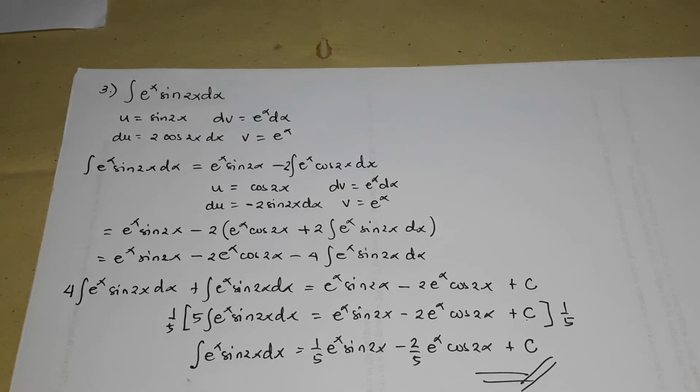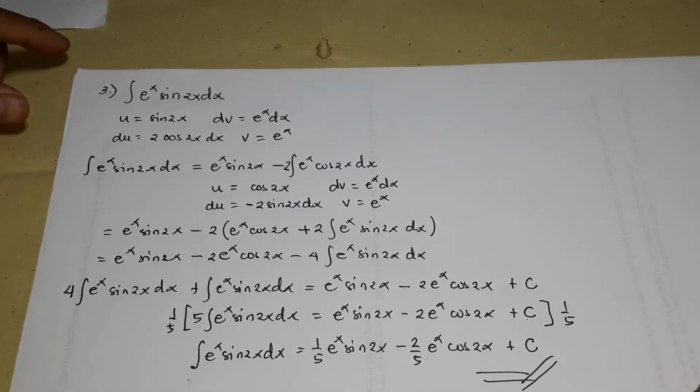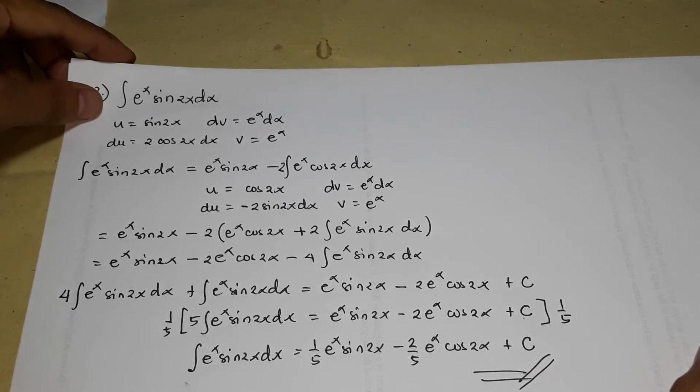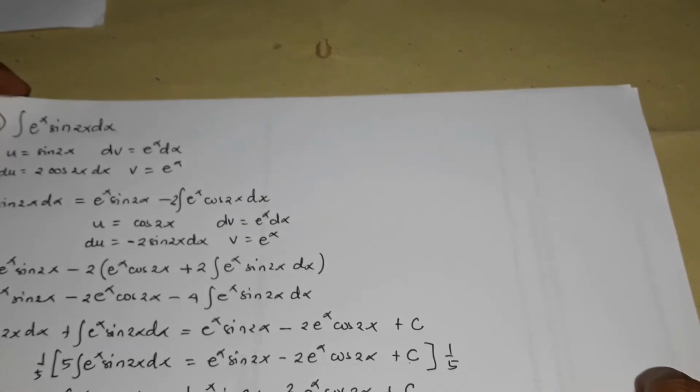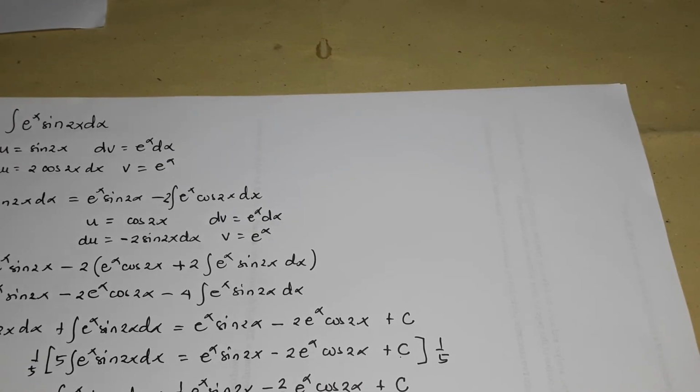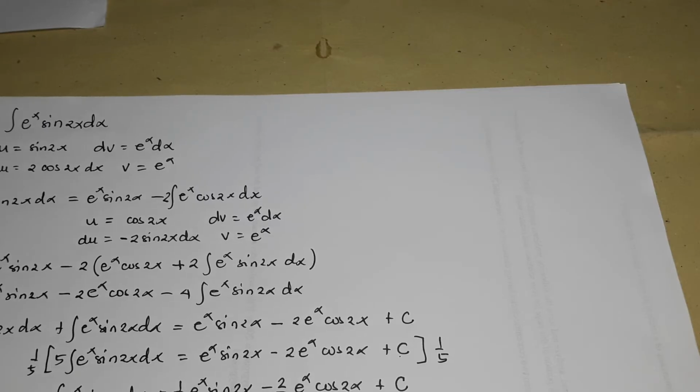Now, if you wish to apply tabular integration by parts, you can still use it. However, on the last part of the method, you still need to add the integral part of your integrals to the original given.